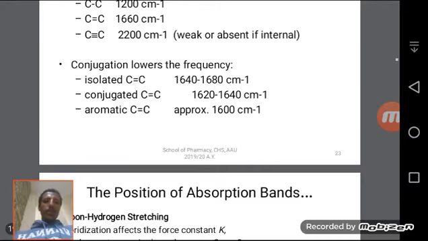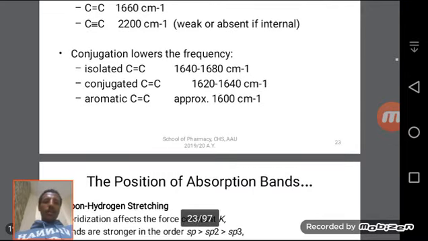When conjugated with other carbons, the frequency decreases to 1,620 to 1,640 per centimeter, and an aromatic carbon double bond, or conjugated, is approximately 1,600 per centimeter.